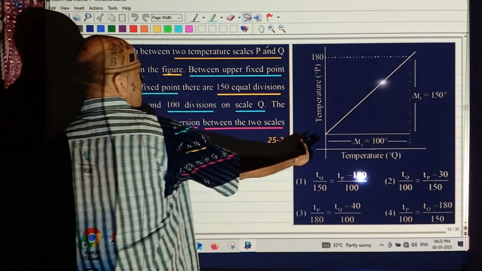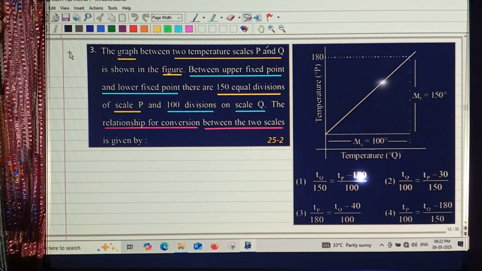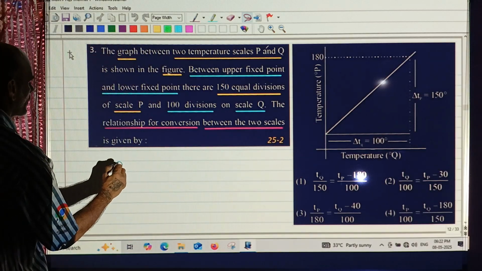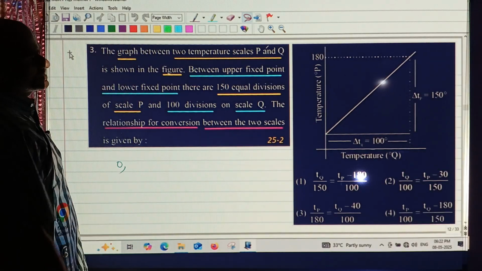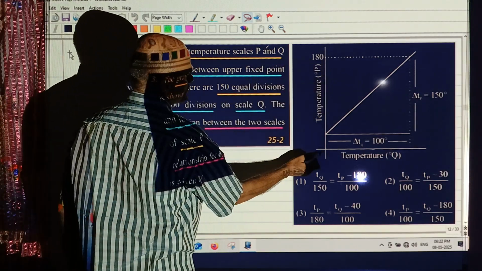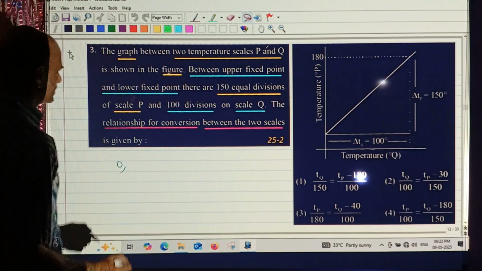So there are 2 points here. This is the lower fixed point and the upper fixed point. The lower fixed point x coordinate is this origin, so 0, and y coordinate is 30 because this is 180. That means from here to here it's 180 and this much is 150. So from here to here it should be 30.